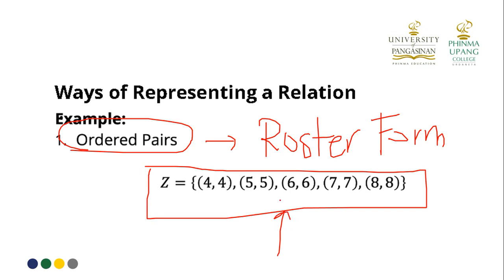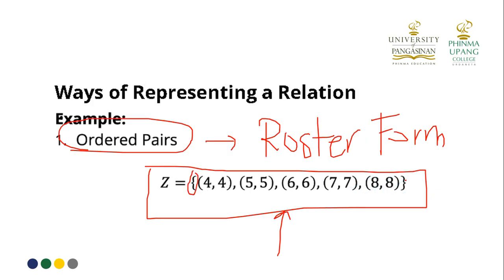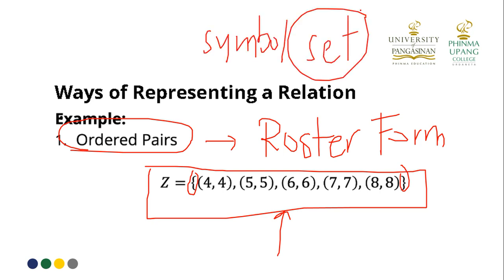You can see in our slide, we have the set of 4, 4, 5, 5, 6, 6, 7, 7, and 8, 8. That is the example of roster form, also known as ordered pair. The curly braces are the symbol of a set.